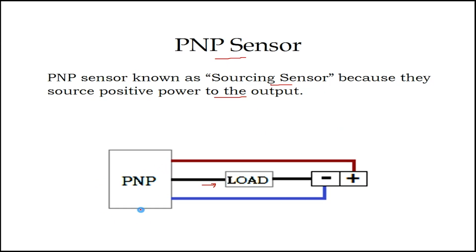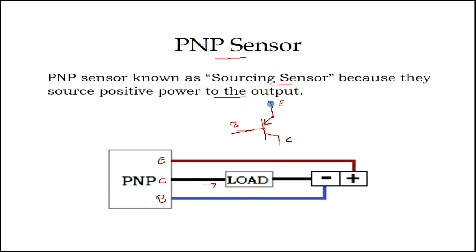This is the basic architecture of the PNP sensor. The first terminal is the emitter, then the collector, and this is the base terminal. Let's see the circuit diagram. We have three terminals: the base, emitter, and collector. The arrow mark indicates the power flow between the terminals.